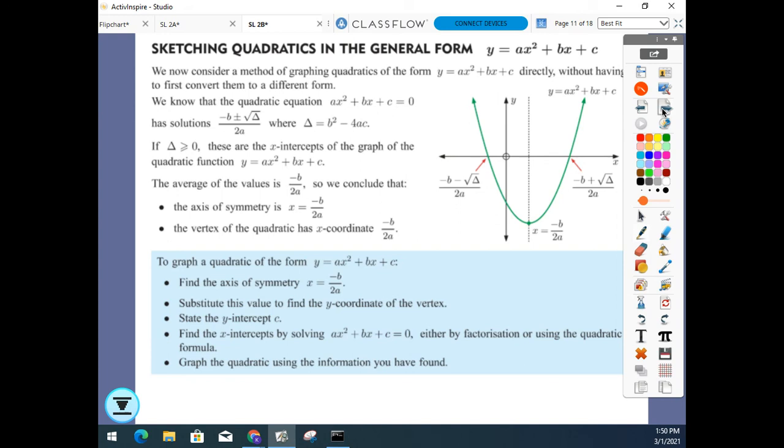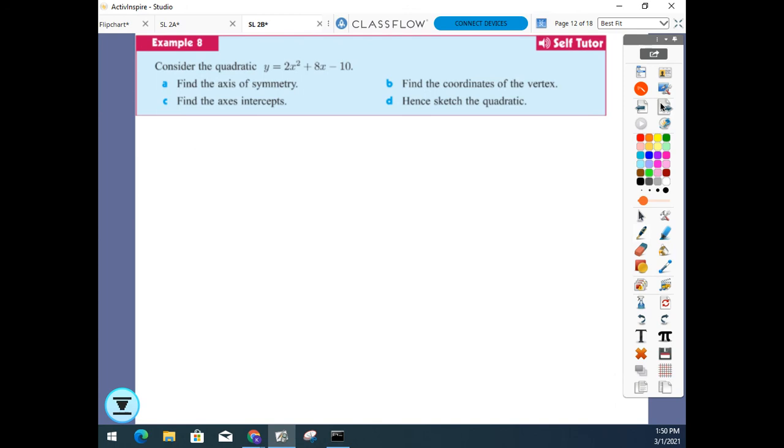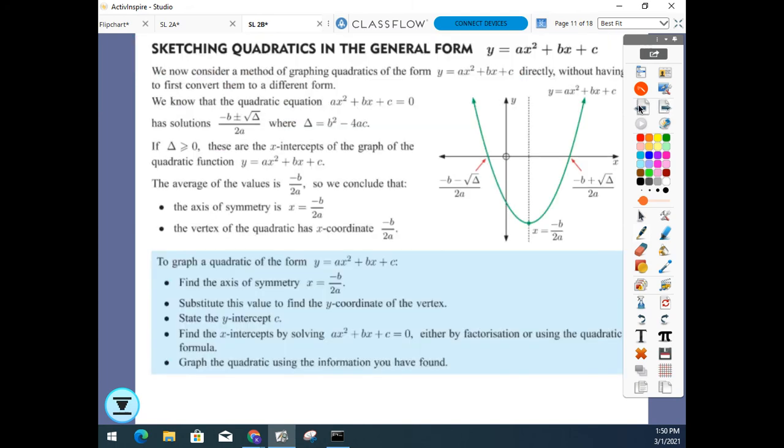So when you're ready, start it up. Okay. So the first thing that I'm going to go back to, the axis of symmetry is the opposite of B over 2A. Very, very important. This is actually in your formula booklet. So this is when it is in standard form.